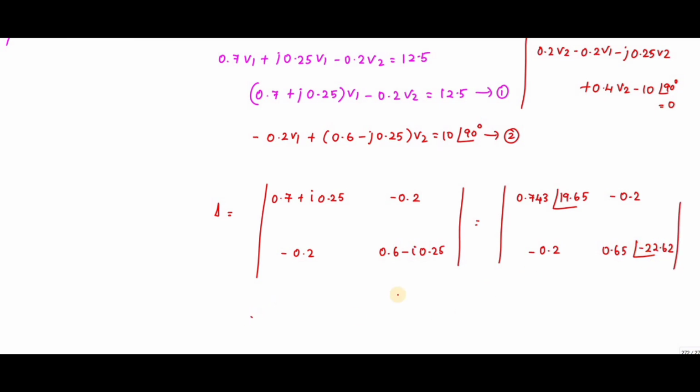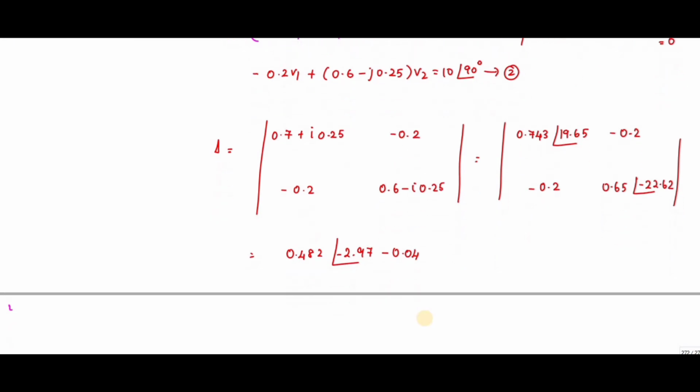So if you solve, you multiply this one and you add this one. If you do like that, you'll get 0.482 angle minus 2.97, minus, if I multiply this one, 0.04.